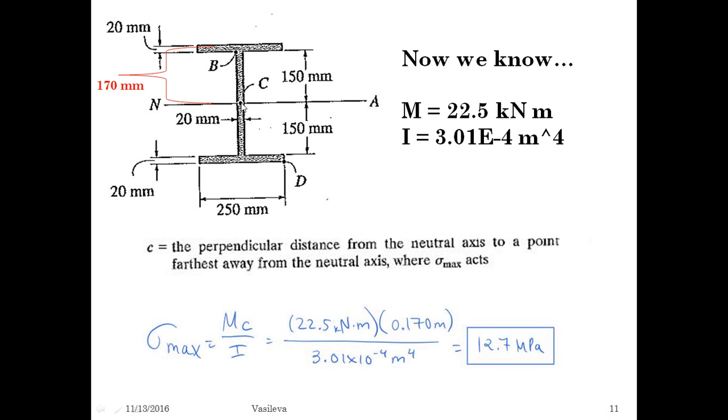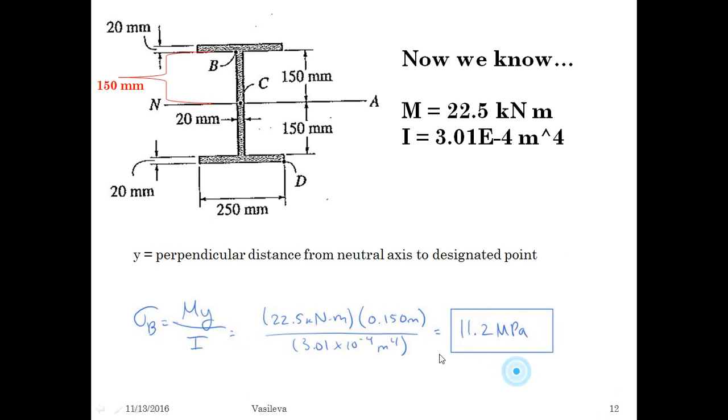So the point farthest away from the neutral axis is the top of the beam or the bottom of the beam. Because it's symmetrical, the distance, either upward or downward, is going to be 170 millimeters. So I plug that in and I end up with 12.7 megapascals.